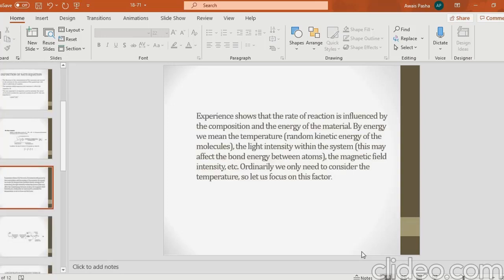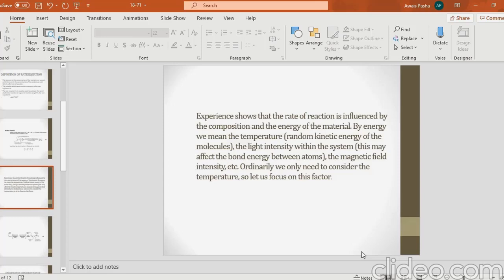From experiment, we know the rate of reaction is affected by many things, but here we will discuss only two factors. One is the composition and the other is the energy of the material.